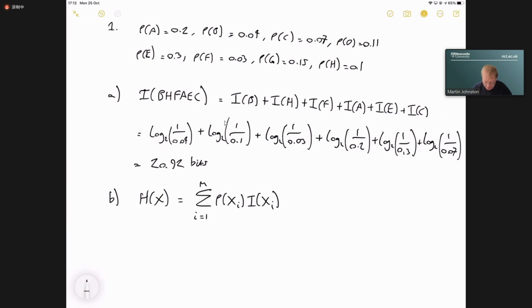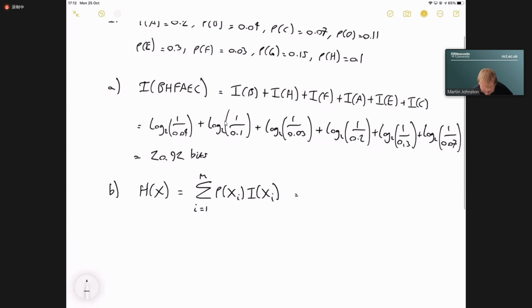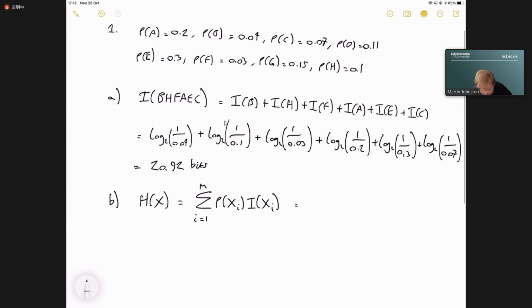As you can imagine, in this case we've got 8 of these to add up, so it would be this. Let's start from A: probability of A times the information content in A. The probability of B times the information content in B.